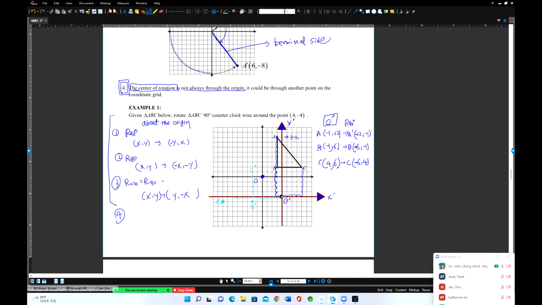Using this one, we make a graph. How does the graph look? Here, and here, and here. That's all. Okay? After that, now we're going to eliminate this one, this one.